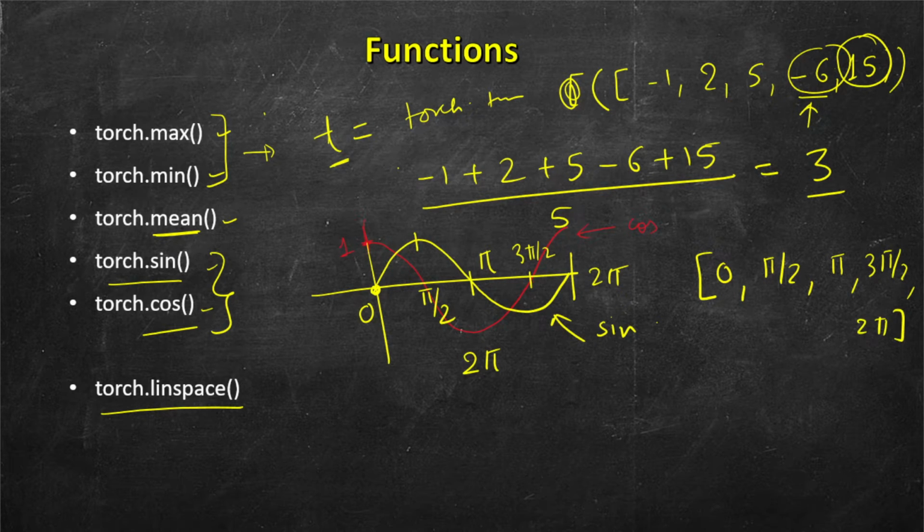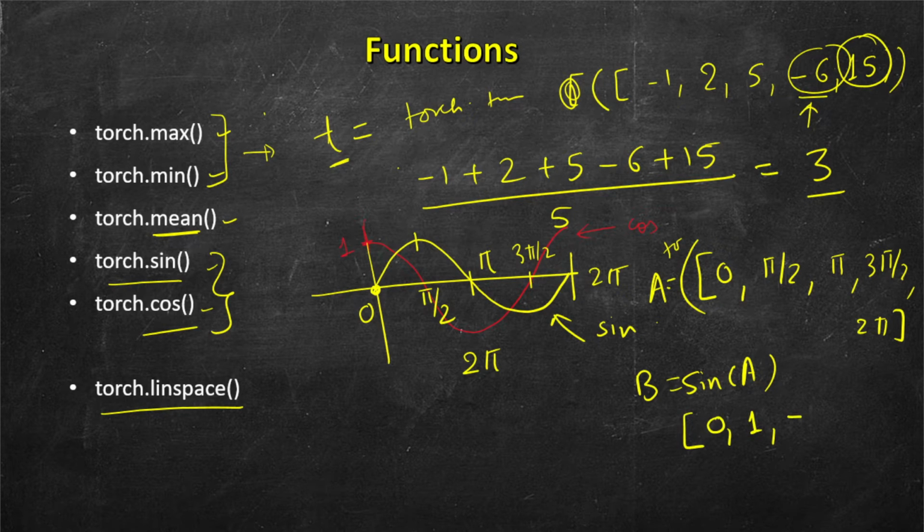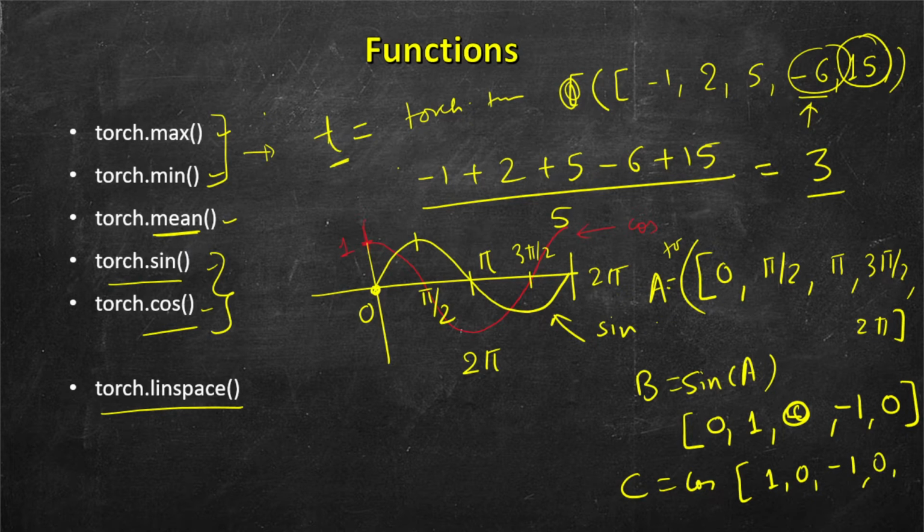This is a tensor, let's call it a, a torch.tensor, and if you apply sine on it, let's say b is torch.sin of a, you will get 0, 1, 0, -1, and 0. Similarly, if c is cos of this, you will get 1, 0, -1, 0, and 1.